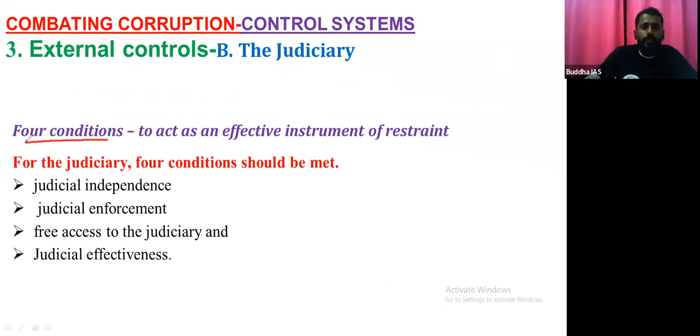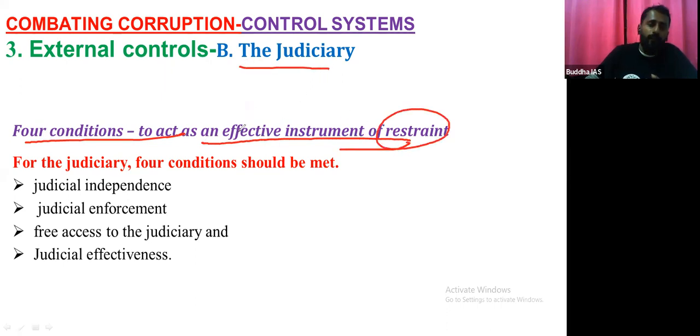There are four conditions for the judiciary to act as an effective instrument of restraint. When can the judiciary act as an effective instrument of restraint against corruption? The four conditions are: number one, independent judiciary; two, judicial enforcement; three, free access to judiciary; four, judicial effectiveness. So now this is one, two, three, four.